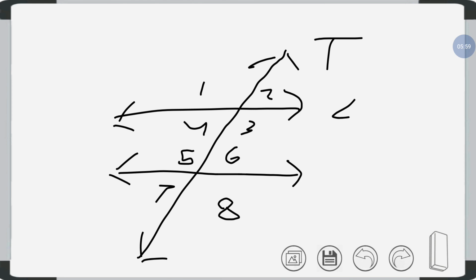An example is angle 1 and angle 7. Angle 1 and angle 7 lie on opposite sides of the transversal and outside the intersected lines.